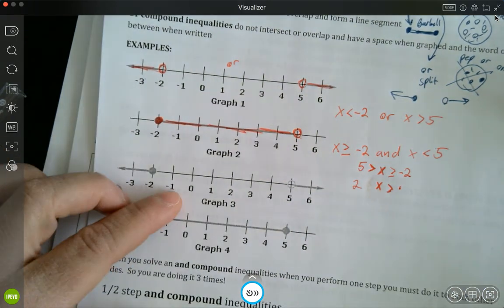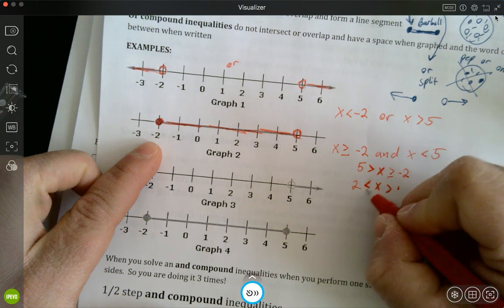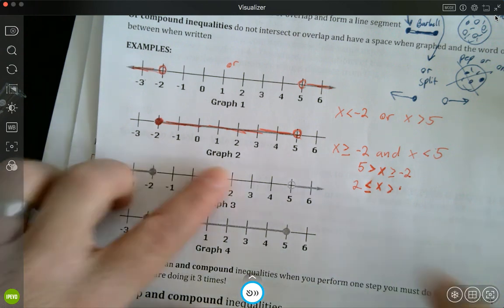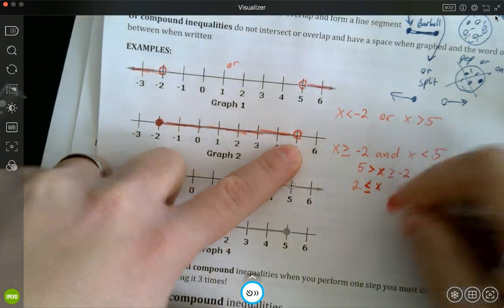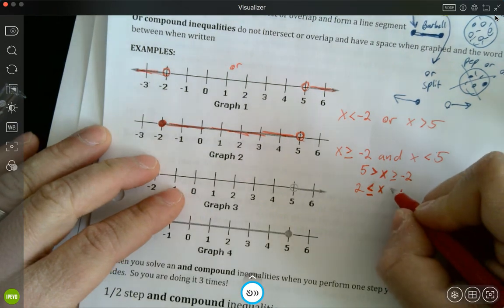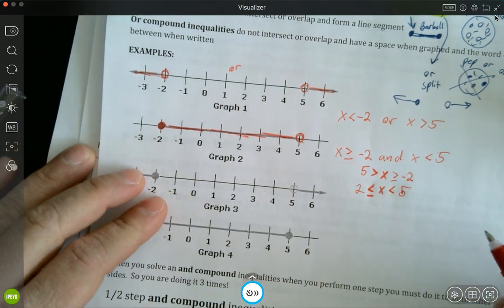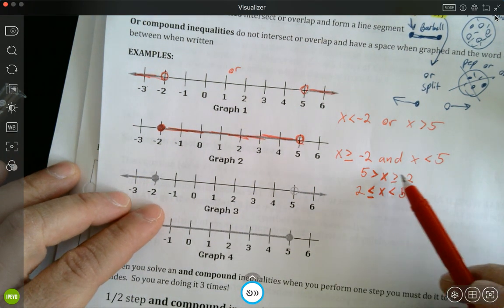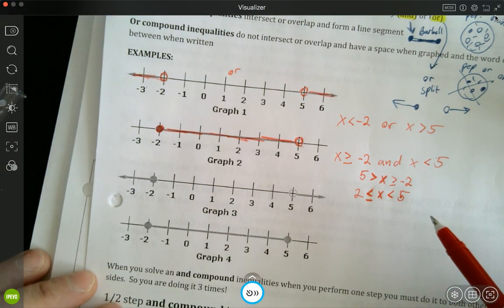If I put the 2 on this side, it's going to be greater than or equal to 2, and then this is less than 5, so I have to switch this direction. What a great time to have a friction pen. So less than 5, like that. So there are a lot of ways to write an and inequality, and all three of these representations are correct.